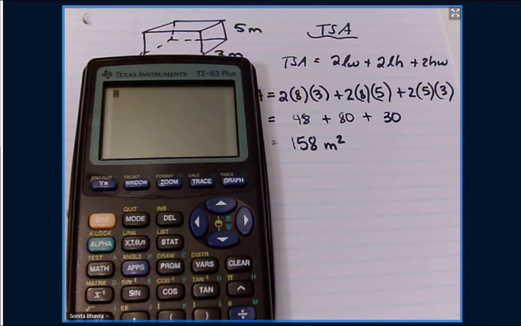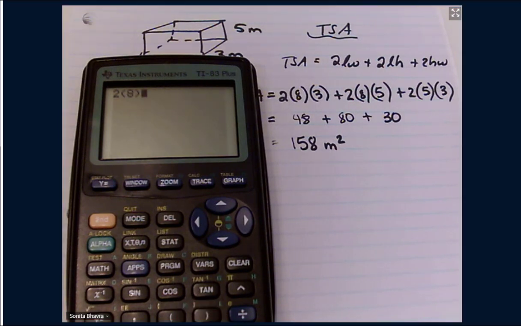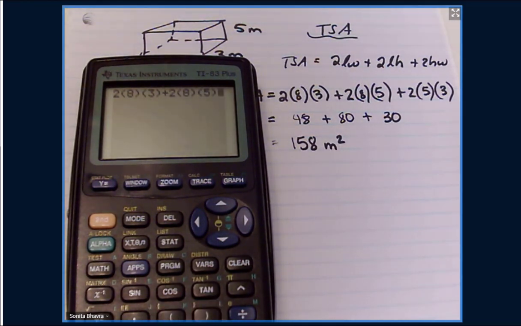So if I were to put this all typed in together, I can do 2 times 8, and I'm just using my brackets here, like that, plus 2 times 8 times 5, and then plus 2 times 5 times 3. So I've just put it in just like we have right here, this first step where we did the substitutions, and then you can press enter and you'll get the same answer.